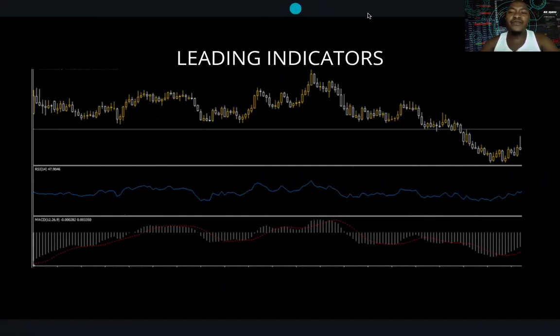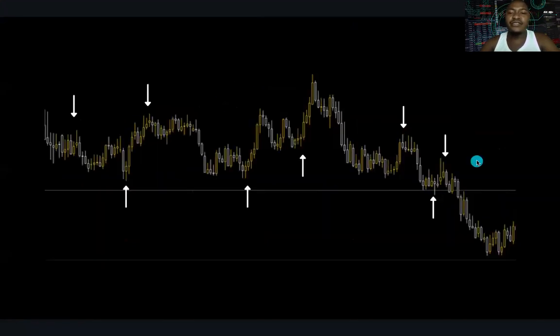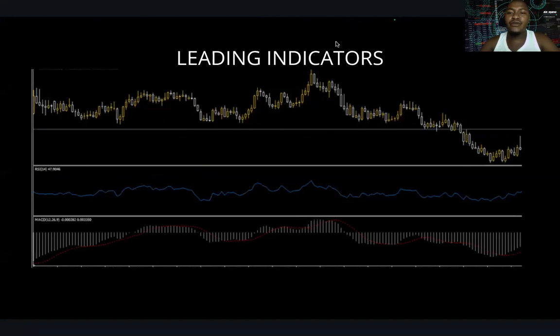Cool. So these are the two. How do they really give you a signal? In most cases, the RSI may have two levels. Let me put it straight so you can see the way I want you to see.